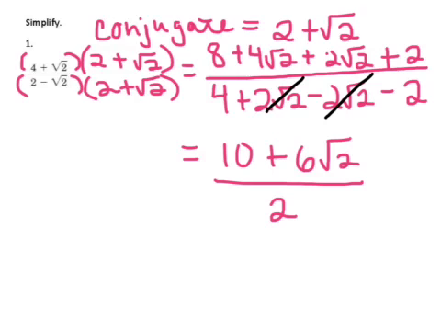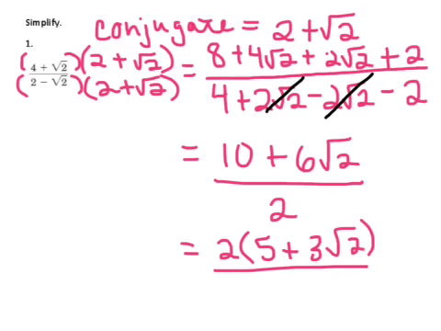But let's watch out for this. In our numerator, we have two terms that have a common factor. Always think of your common factors to further simplify your example. Here, since 10 and 6 have a common factor of 2, I'm going to undistribute, and I end up with 5 plus 3 root 2 all over 2.